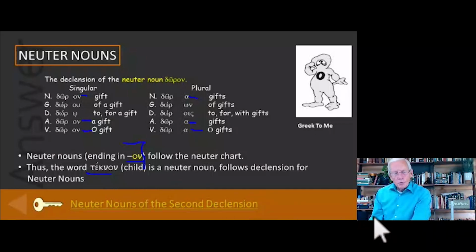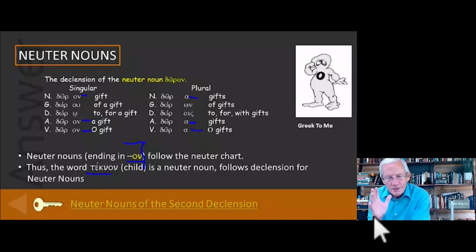Now, let me just say a word here. At this point in Chapter 2, I would encourage you not to think about memorizing the endings themselves for the two charts. In Chapter 3, we will learn the definite article, the word the, for the masculine, the feminine, and the neuter, and that is going to be the key for all of these endings.